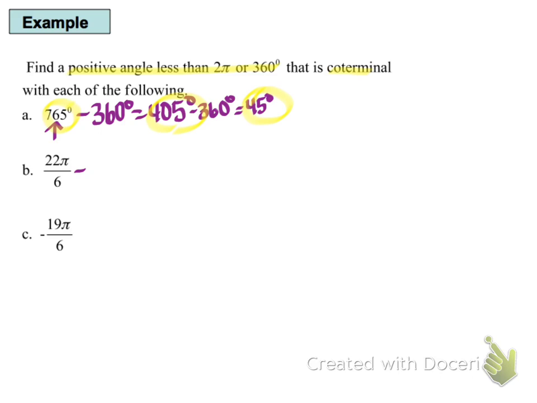So we're dealing with about 3 pi here, which is more than once around the circle. Let's go ahead and subtract 2 pi. Now remember, in terms of 6, 2 pi is 12 pi over 6. And when I do that, I get 10 pi over 6. Now we can reduce a little bit and divide both the top and the bottom by 2, and we get 5 pi over 3.